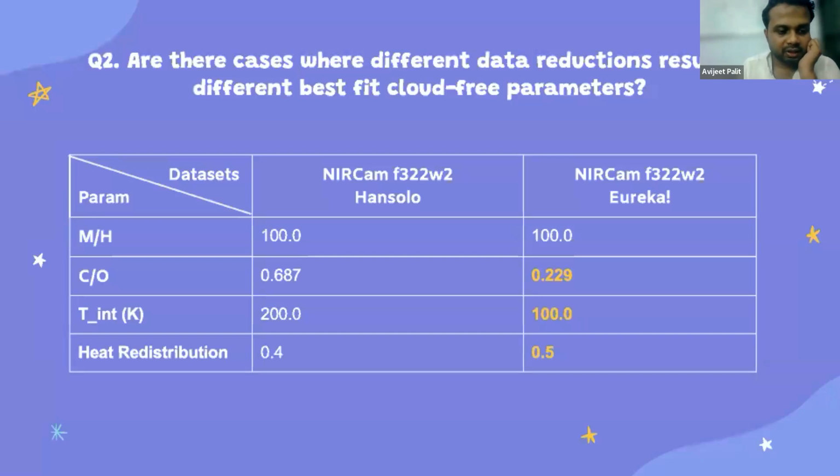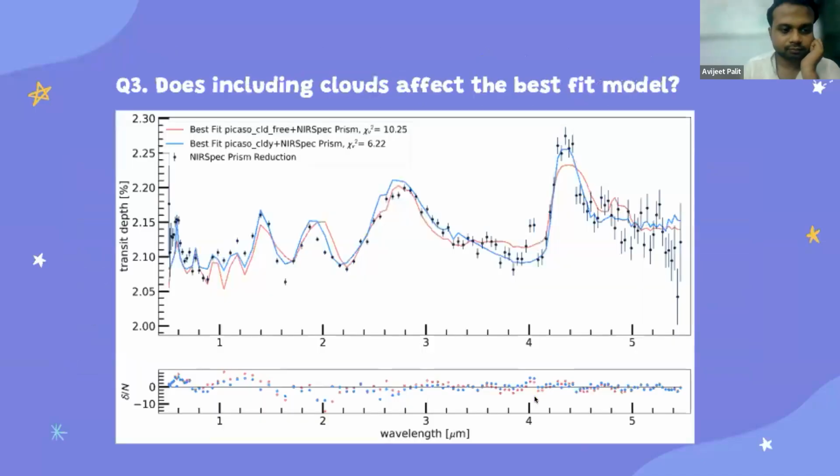You can observe that carbon to oxygen ratio is 0.687 for Hans Solo and 0.229 for Eureka. Same goes for internal heat, it is 200 Kelvin for Hans Solo and 100 Kelvin for Eureka. Heat redistribution being 0.4 for Hans Solo and 0.5 for Eureka. So, can we have our next question?